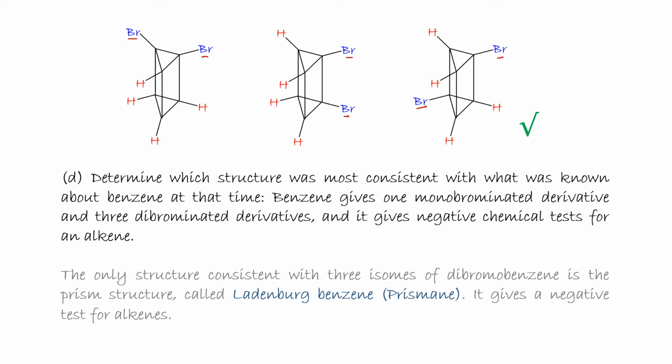Well, the only structure consistent with the three isomers of dibromobenzene is a prism structure called Ladenburg benzene or prismane. It gives a negative test for alkene, but this structure consists of three-member rings and four-member rings, which are highly unstable. So this compound is unstable.